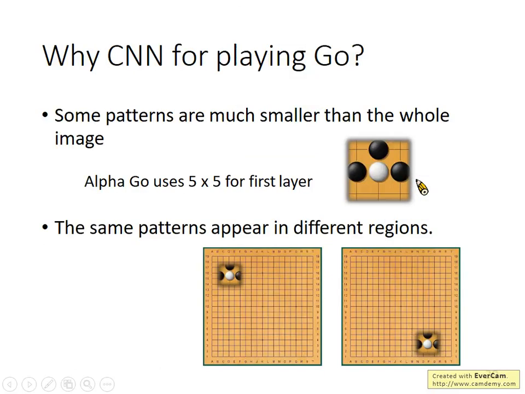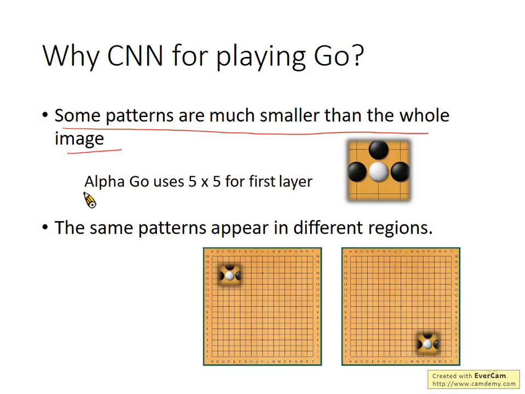But why can a CNN be used to play Go? There are some observations. First, some patterns are much smaller than the whole image. In playing Go, we usually see many local patterns, and this is quite similar to the characteristic in image object recognition or detection.